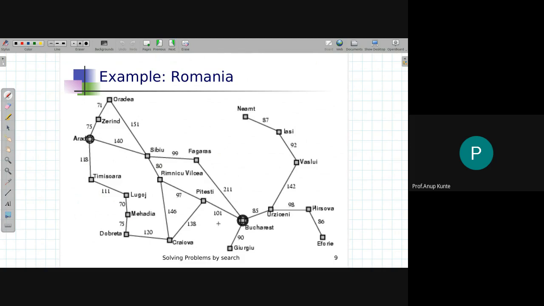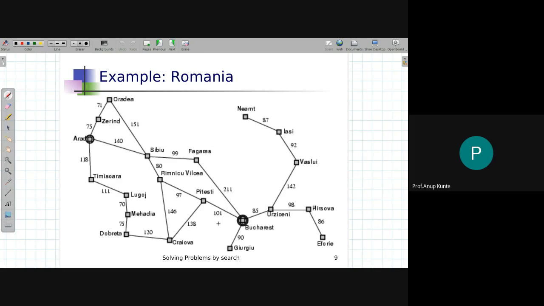But then if in the problem definition itself I say that you are not supposed to go beyond 4 hop routes to Bucharest, you have to reach Bucharest in 4 hops or fewer, then the depth of the solution or the depth of the tree is limited. Okay, that is limited to depth level 4.